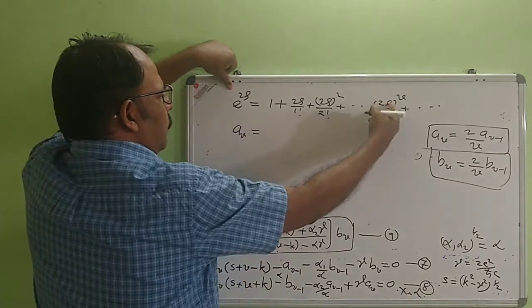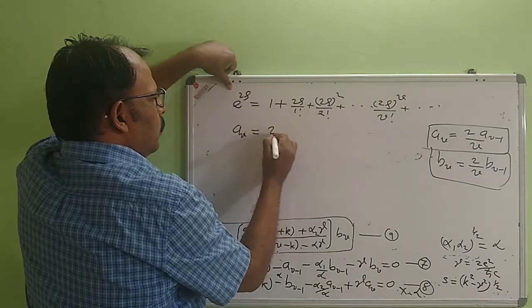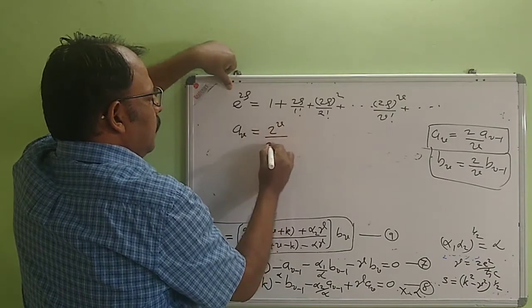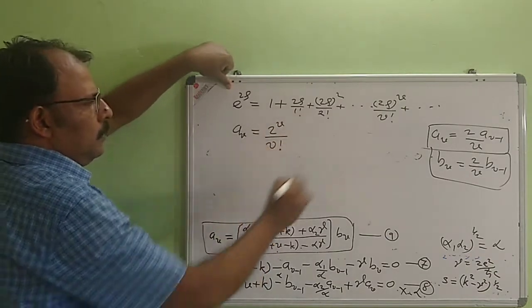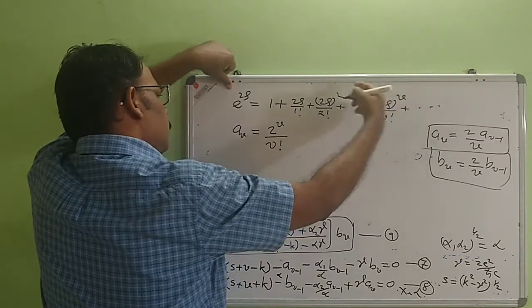Then it will be 2 raised to V by V factorial. What will be the coefficient of rho raised to V minus 1?